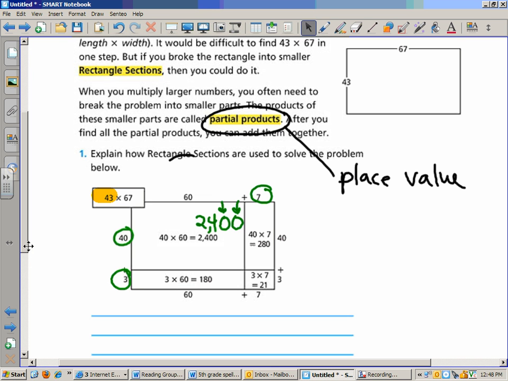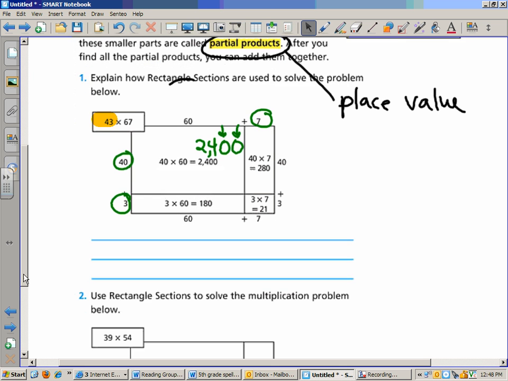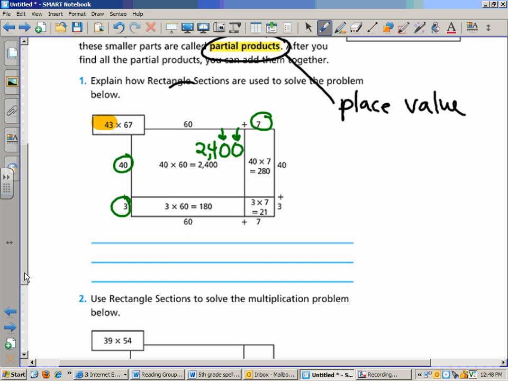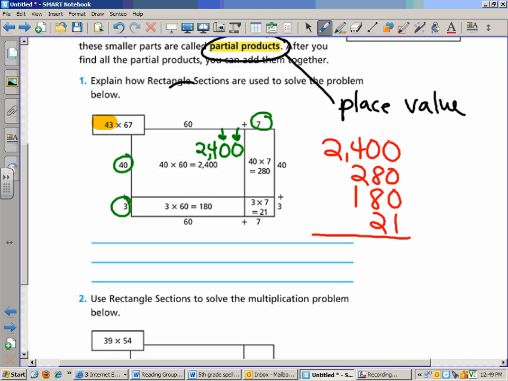When we get all of those products, then what we're going to do is take them and add them all up to see what our final product is. So we have 2,400 plus 280 plus 180 plus 21. Okay. Add those all up. We have 1, we have 8 and 8, 16, plus 2 more 10s is 18 tens.